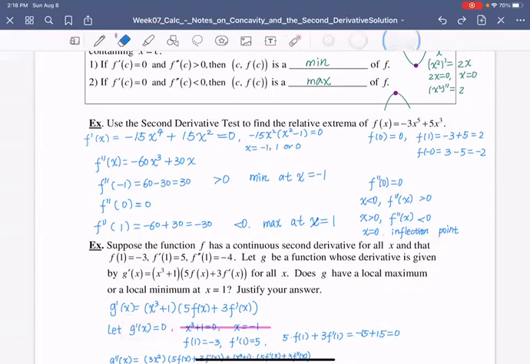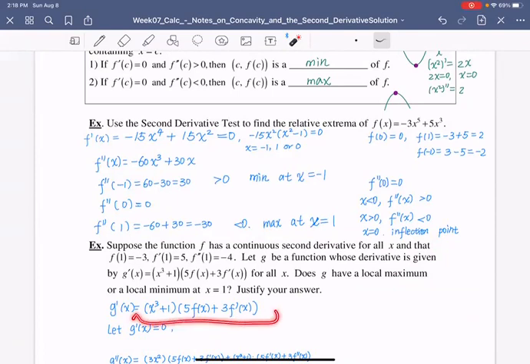If you make this equal 0, what do you find? Don't we have to solve that? Yes, we have to simplify it.